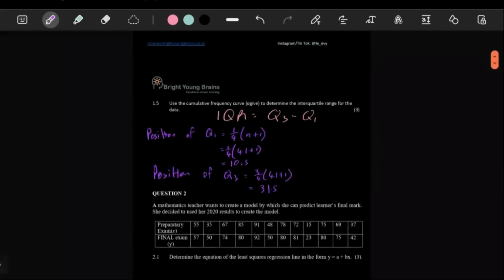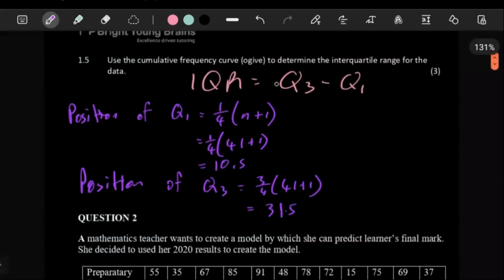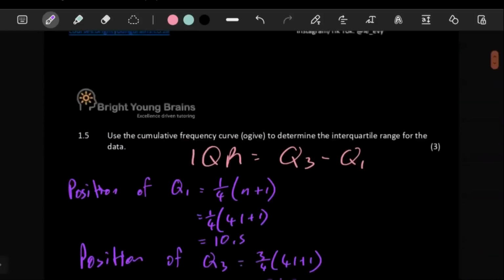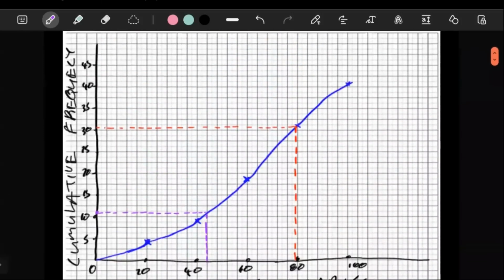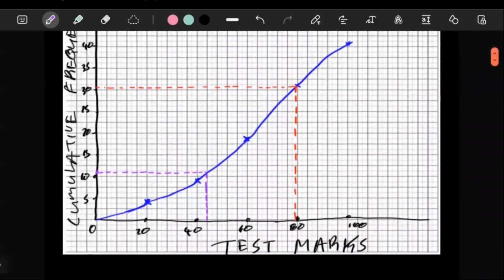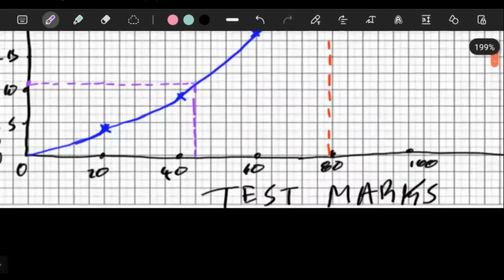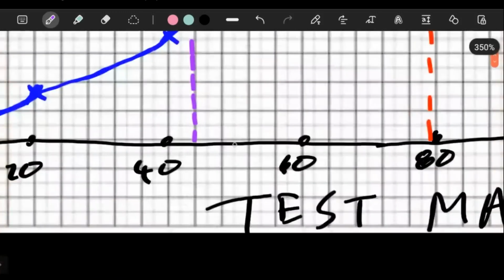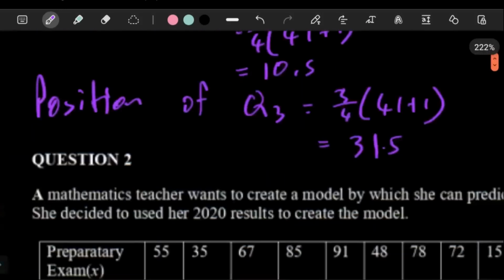Because what are they asking for here? They ask for the interquartile range. We use the cumulative frequency curve to determine the interquartile range of the data. So here we're gonna get our Q. If you're gonna estimate this, remember in the middle here would be like 50. So in the middle there would be like 45. This is like 43 almost.